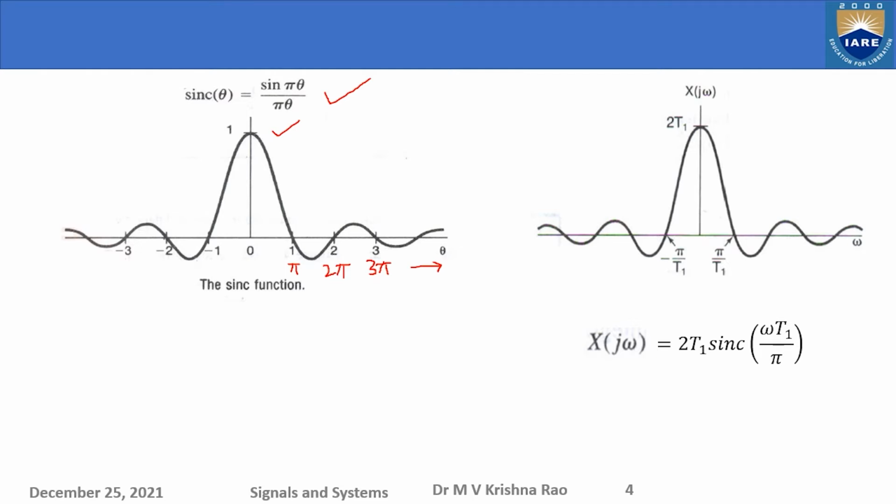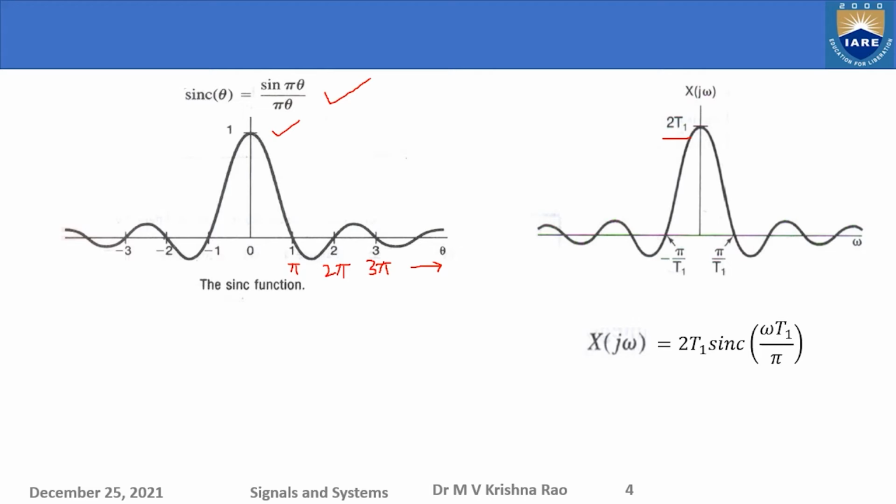Now because you are multiplying the standardized one with 2t1, correct? So what is it that you have here? And what about these nulls?